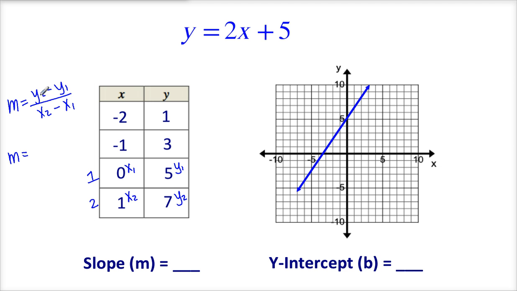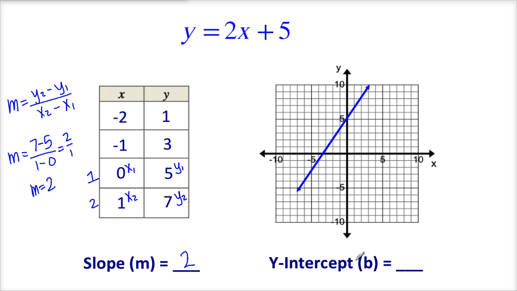And I get y2 minus y1, 7 minus 5 on top, and x2 minus x1, so 1 minus 0. Okay, 7 minus 5 on the top is 2, 1 minus 0 is 1, so it looks like the slope of this line is 2. So I used the table and I found that the slope is 2.